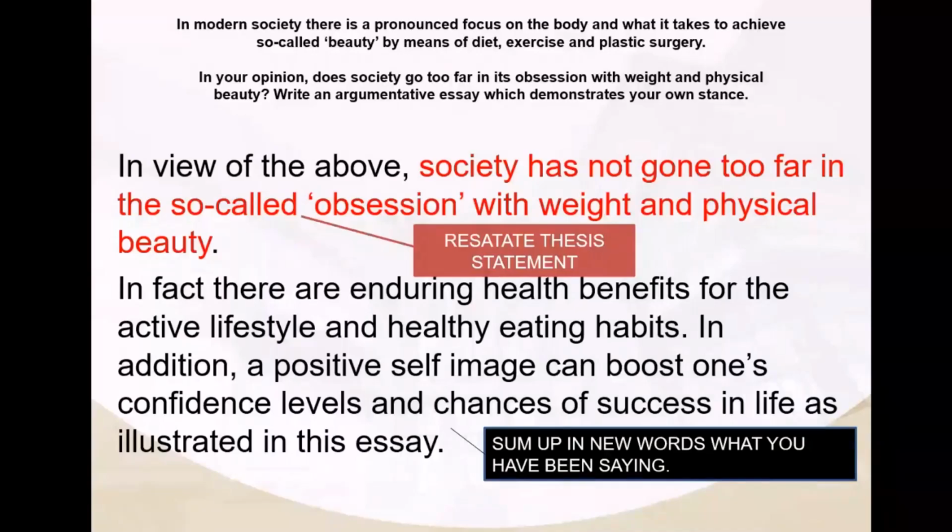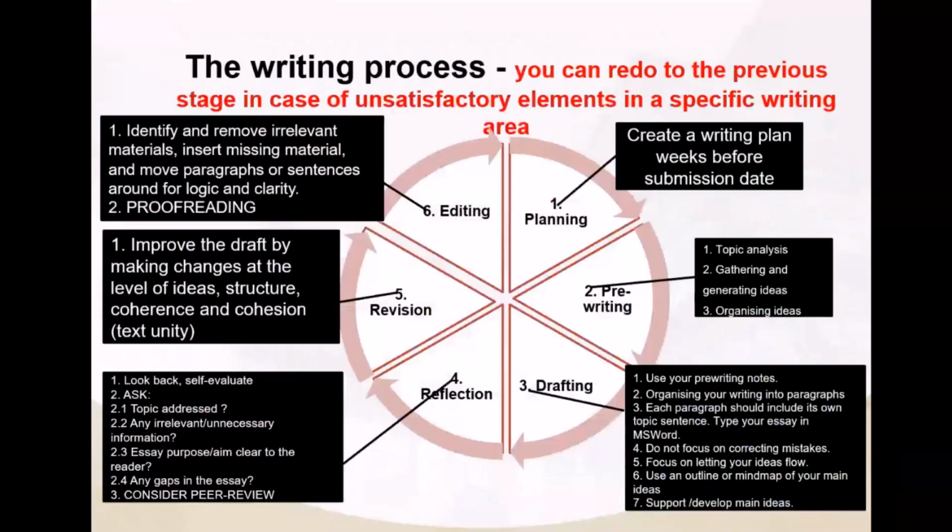Okay. And then we go to this, and this one here is the writing process. Before you write an essay, be it expository or argumentative, you need to plan. If you look at the writing wheel, I'm reading at the top, it says the writing process. You can redo the previous stage in case of unsatisfactory elements in a specific writing area.